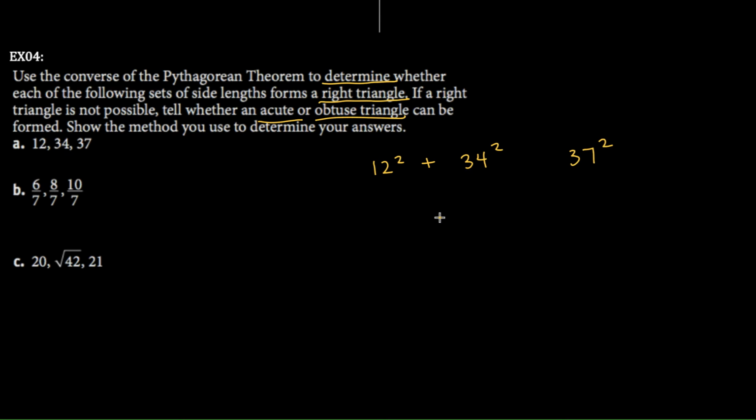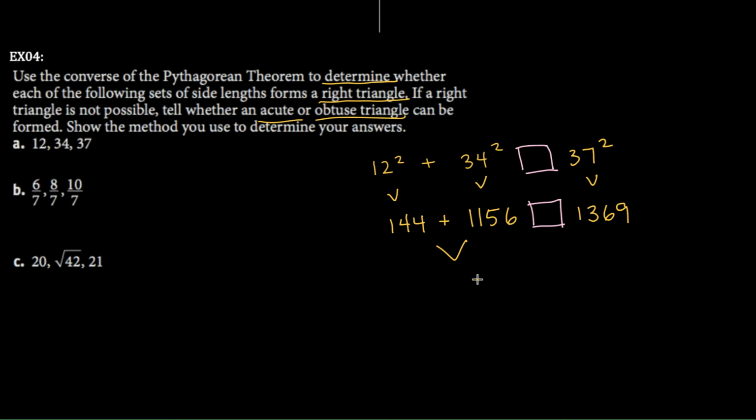So 12 squared is 144, plus 34 squared is 1,156, and then we have 37 times 37, which is 1,369. Let's see how these compare. I'm going to put a pink box here, and then we'll add them together.